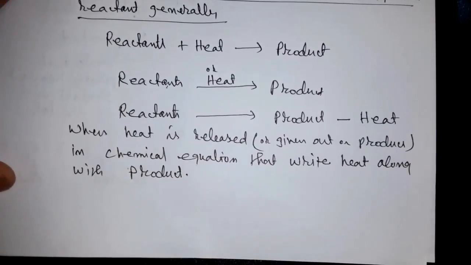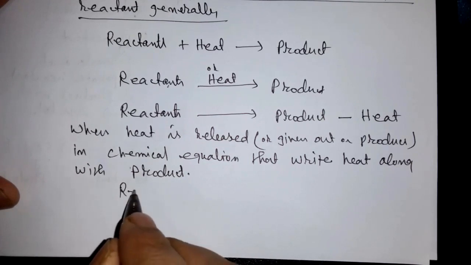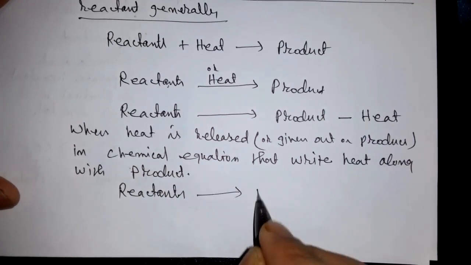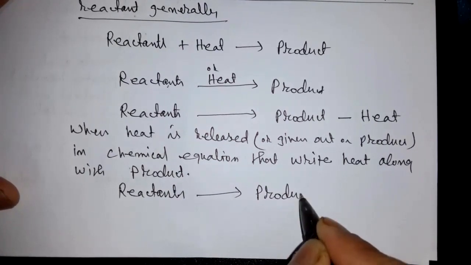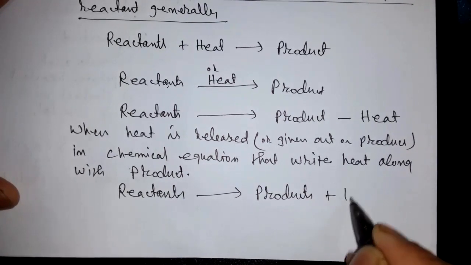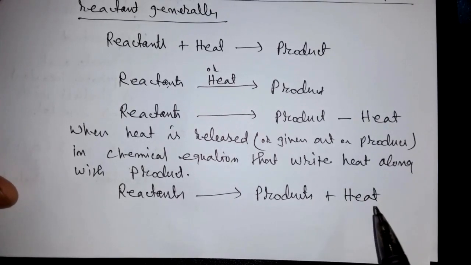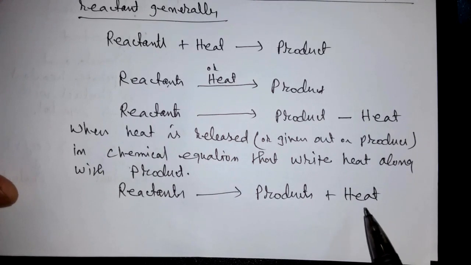So for this, the rule is reactant gives product plus heat. Whenever heat is written along with the product, the meaning is that this heat will be released in the reaction.